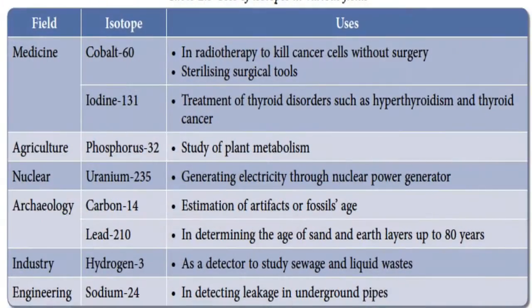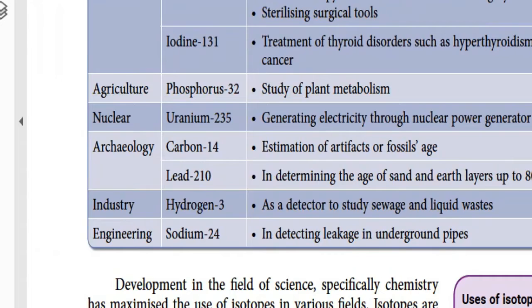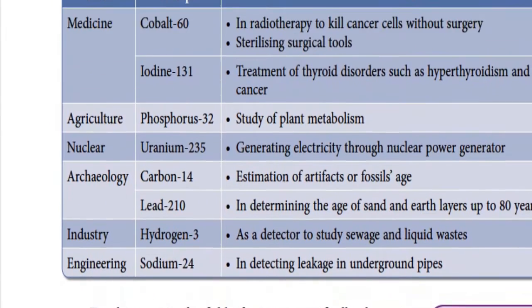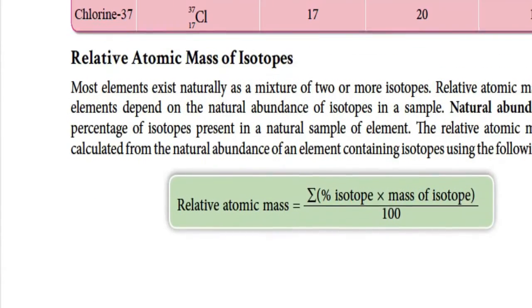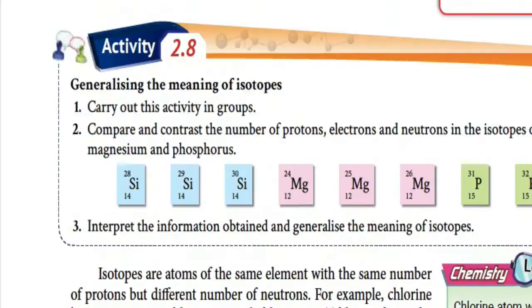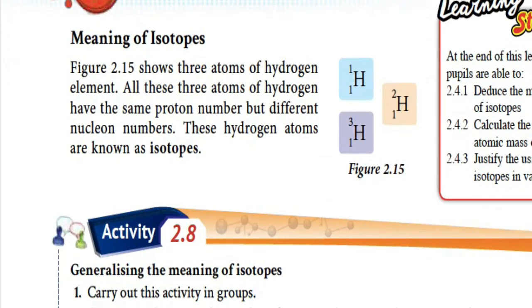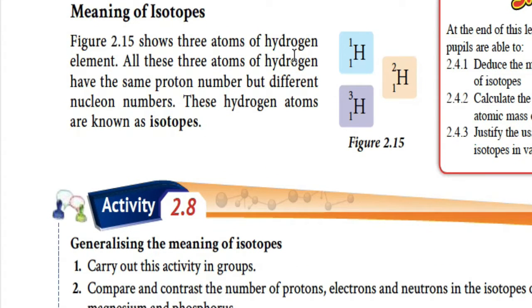Radioactive isotopes are... But I saw one textbook on the teacher's table. Let me just see on this page what isotope is. Oh, I found it. Okay, can I just tell you what isotope is? In our chemistry book, isotopes are atoms that have the same proton number but different nucleon number.